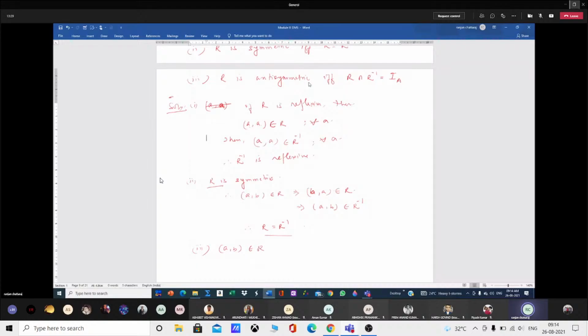If R is anti-symmetric, that means from the basic definition, if AB and BA belong to R, then A and B must be equal. In that case we can say that R is anti-symmetric. So you should write here: let R be anti-symmetric.